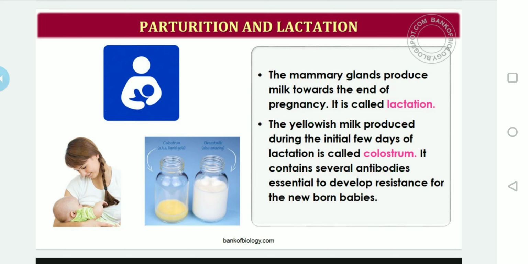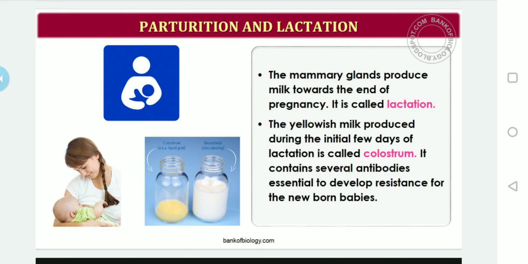From the beginning of this chapter, we have discussed a number of things. We discussed the structure of the male reproductive system, the structure of the sperm, the structure of the seminiferous tubule, and also the female reproductive system.